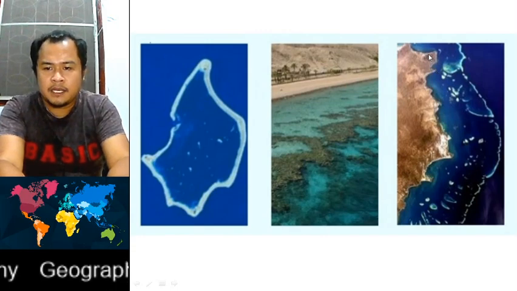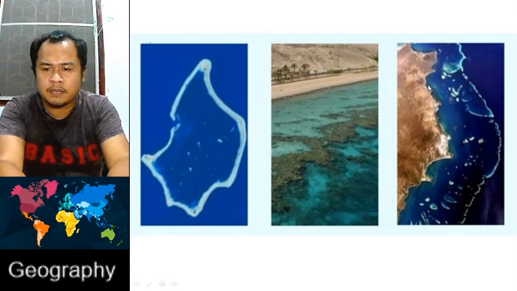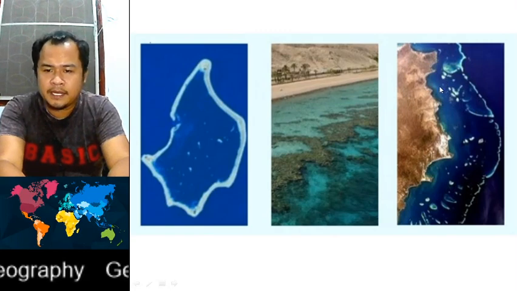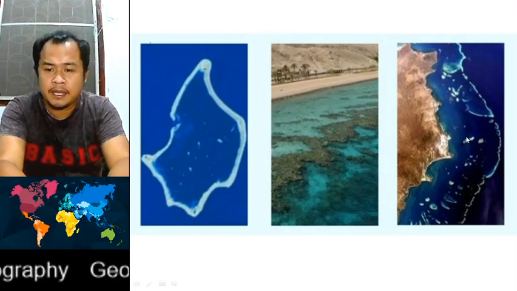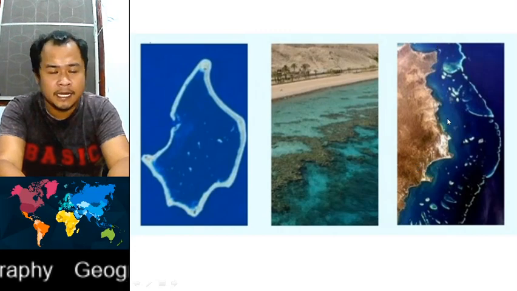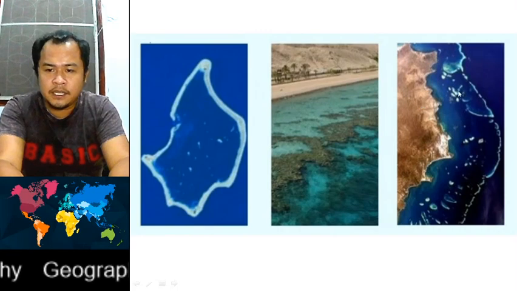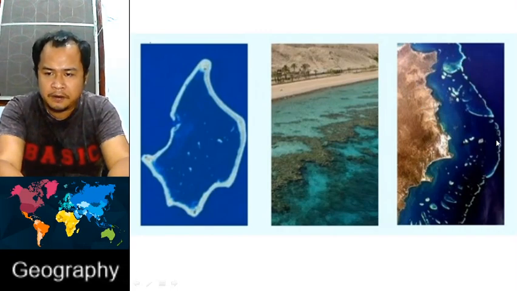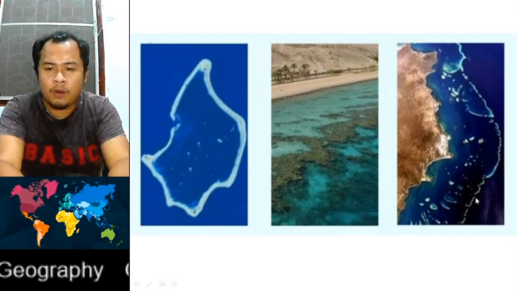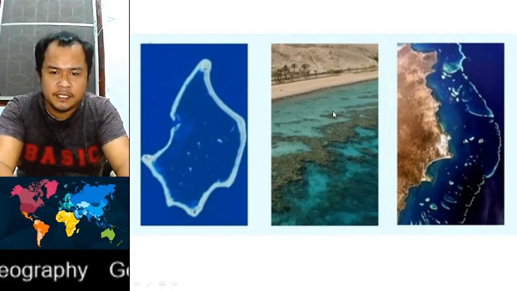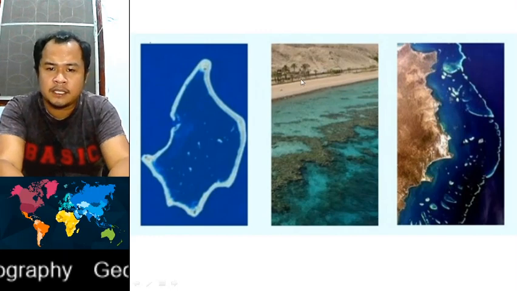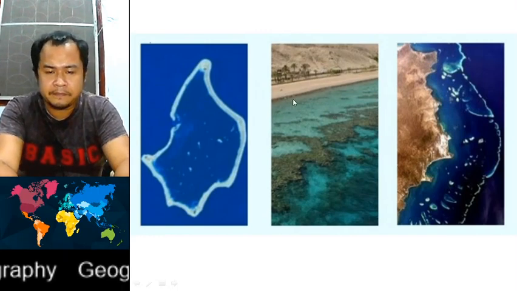It means it is similar in shape with the reef, but it has a body of water separating them. Parallel lines are non-touching lines, so they're not touching each other. There's the mainland here, and you have the barrier reefs in here. While this one in the middle is the fringing reef, because it touches directly towards the land.